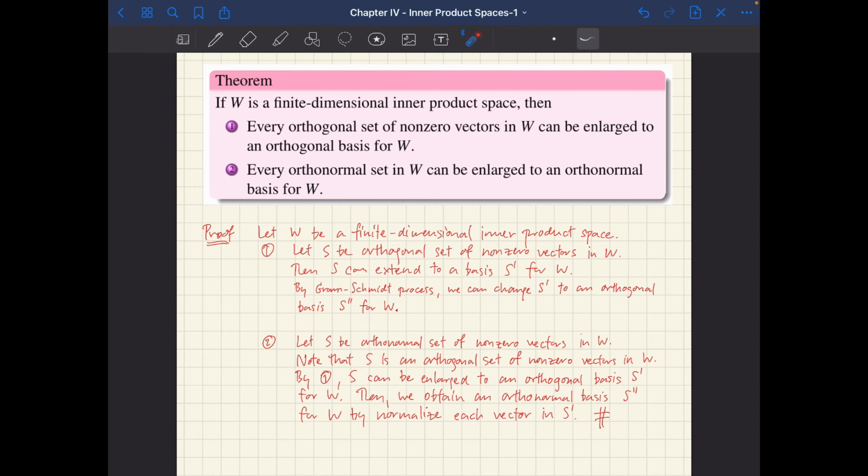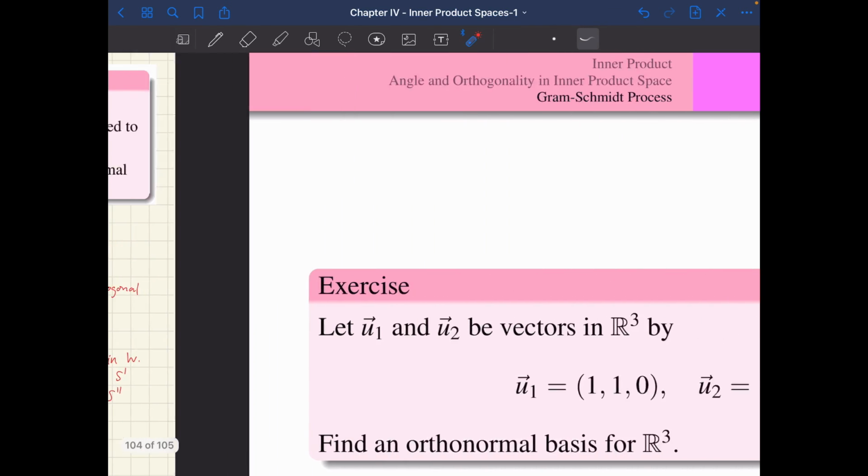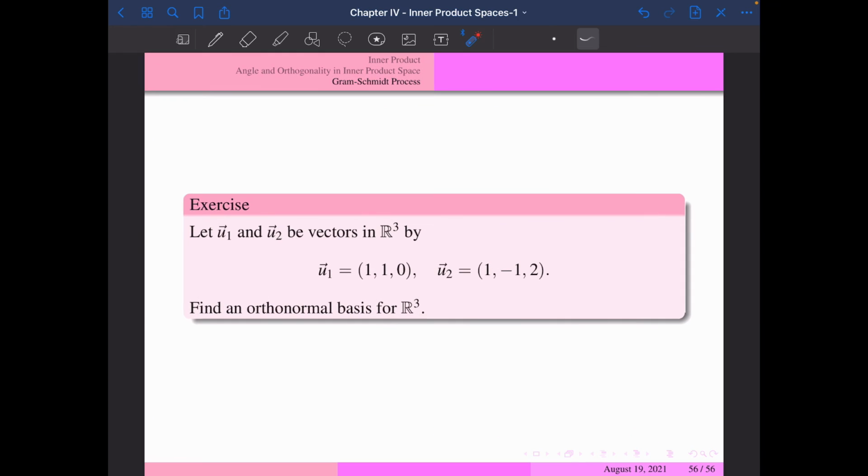Okay, we move to the last example. Let the vectors u1 and u2 in R3 be like this: u1 is (1, 1, 0) and u2 is (1, -1, 2). Find an orthonormal basis for R3. Okay, how to find it?